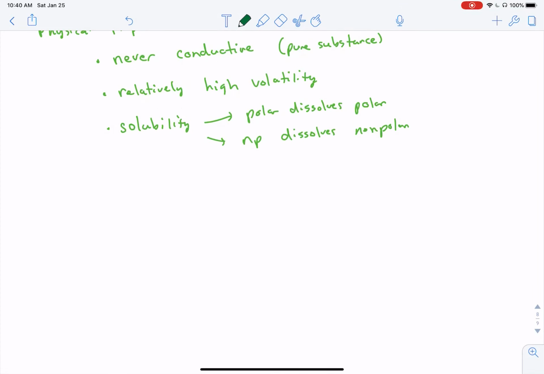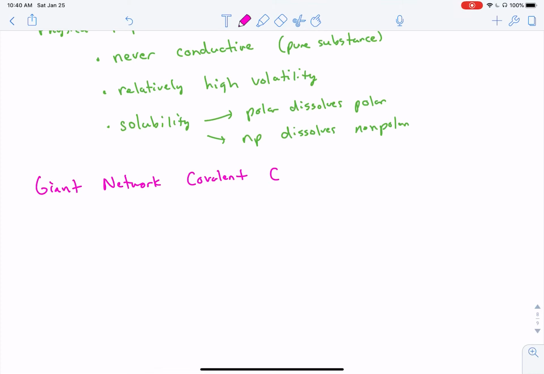The last thing we have to do is talk about giant network covalent molecules. I guess really, yeah, compounds.